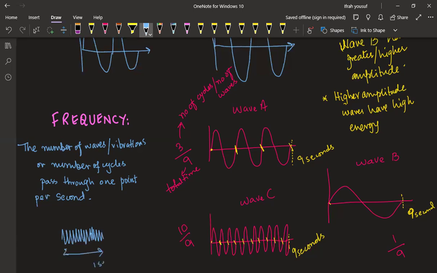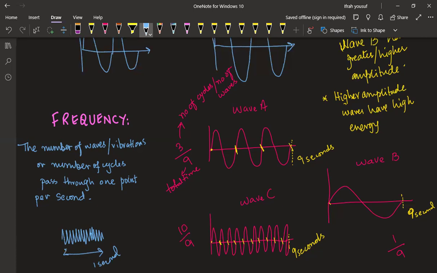We observe how many vibrations happen in 1 second. So this is frequency.